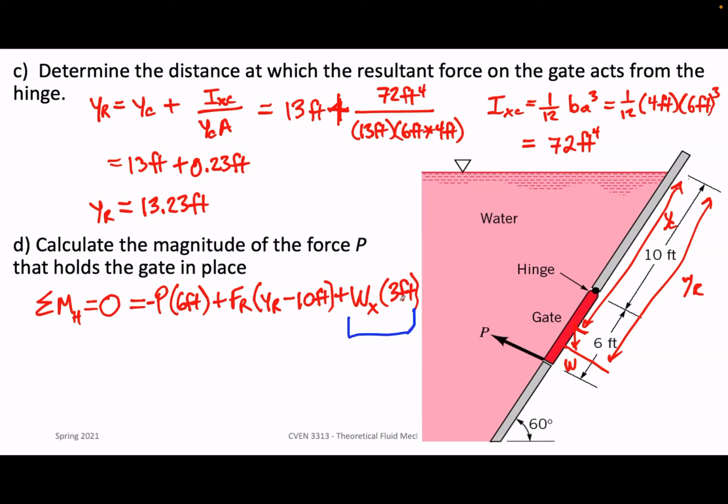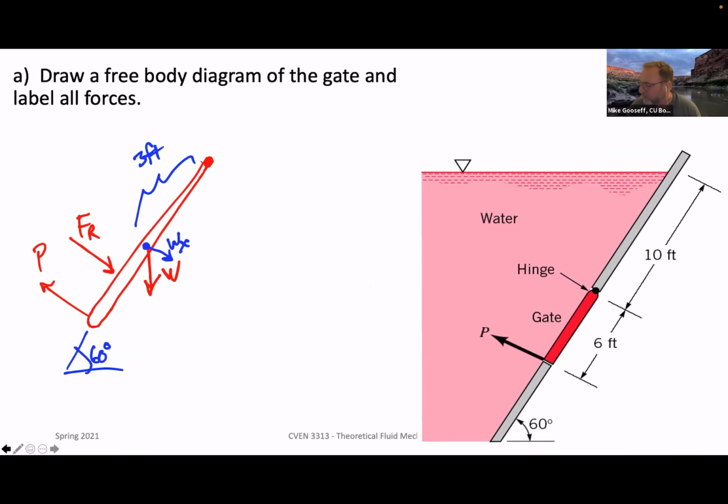So wait, would it be 8,000 times 3 times cosine of 60 since you want the X component of the weight? I hadn't gotten that far, but we can go through that real quick. If this is 60, then this part's going to be 30, so that'll be 60 as well.